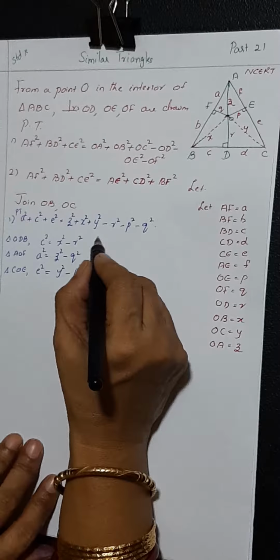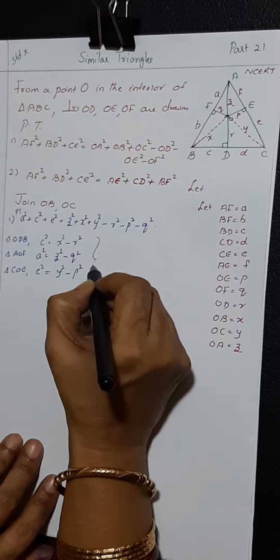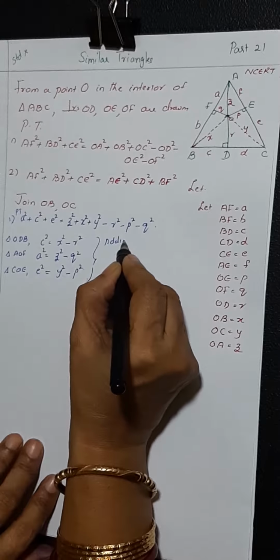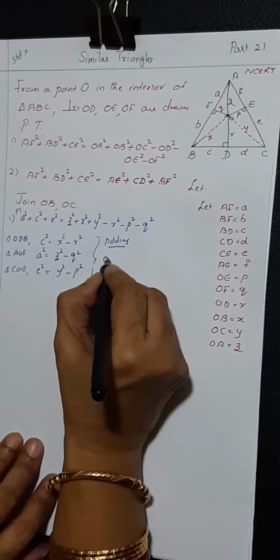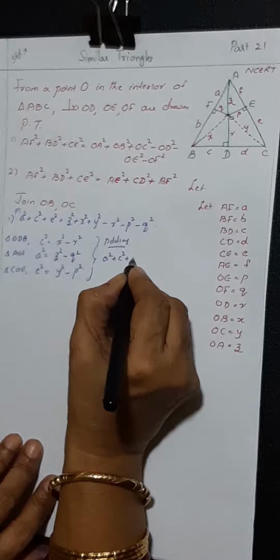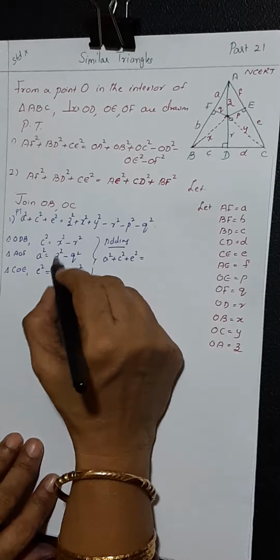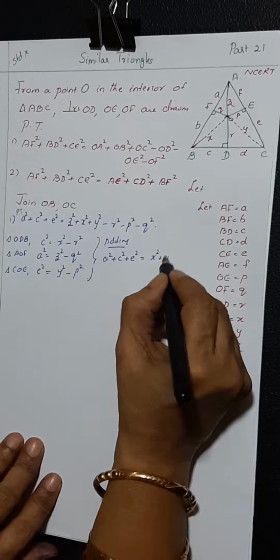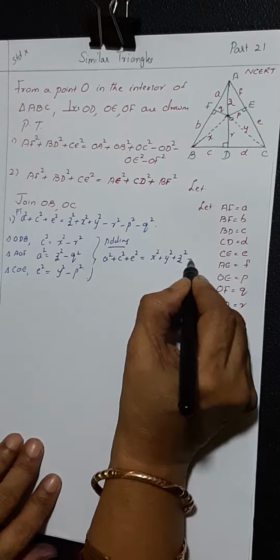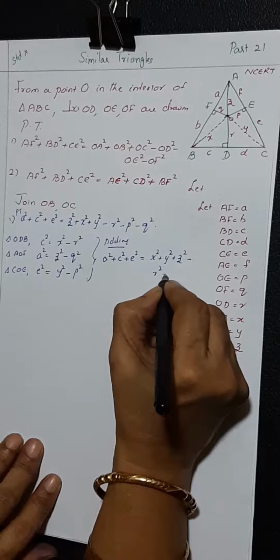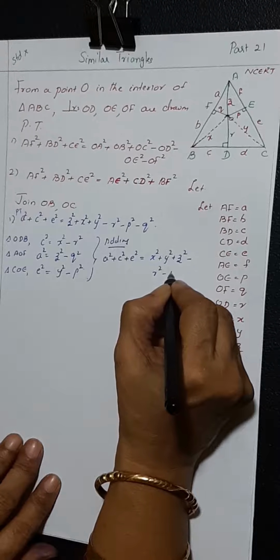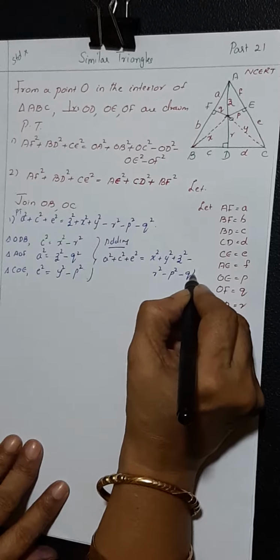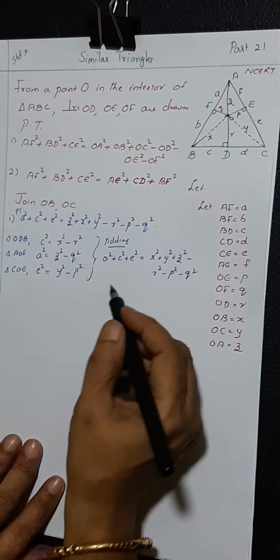So, now adding these two, you will get a squared plus c squared plus e squared is equal to x squared plus y squared plus z squared minus r squared minus p squared minus q squared, and we got the result.